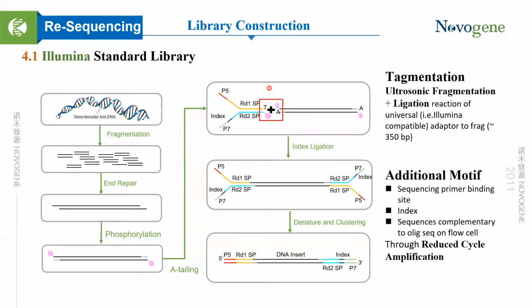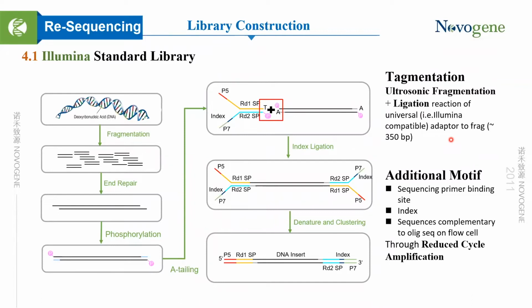After that, we will proceed the qualified DNA samples into library preparations. According to various options of sequencing platforms, the diverse libraries are constructed. In the next generation sequencing, Illumina universal libraries are efficiently constructed by fragmentation, and this combines the ultrasonic fragmentation that randomly shears the DNA into 350 base pair, and the ligation reactions of Illumina-compatible adapters to the fragments.